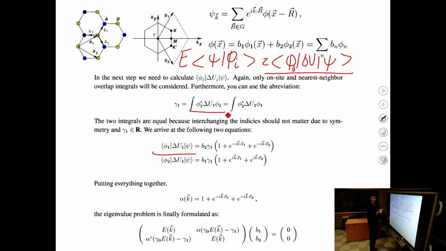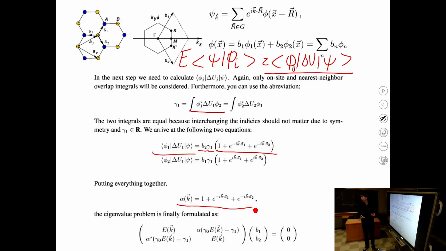But the integral of phi 1 with itself, with phi 1 over this Hamiltonian, will actually be 0, because this Hamiltonian corresponds to a transition between atoms. And therefore, this expression just has B2 and gamma 1, which we abbreviated this integral with, and another prefactor, which is the same as for the other calculation, which we called alpha.